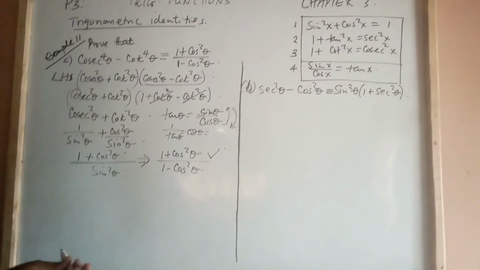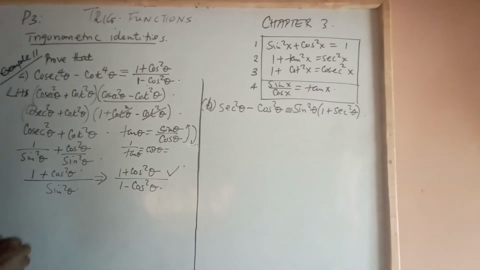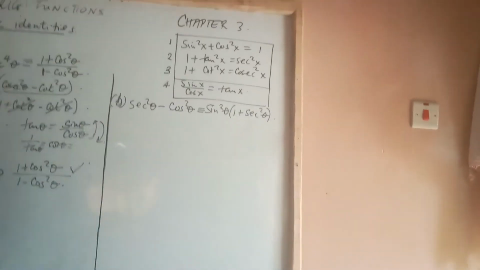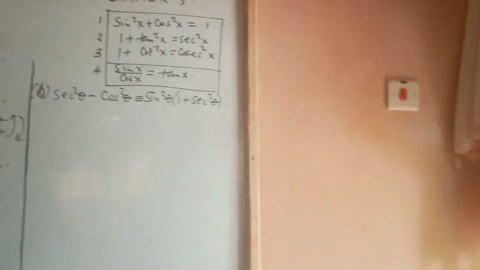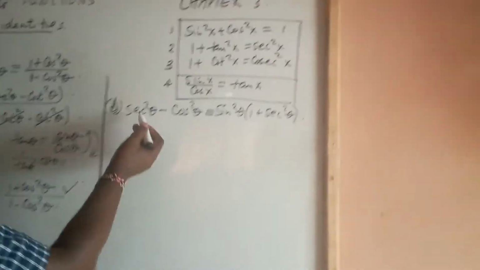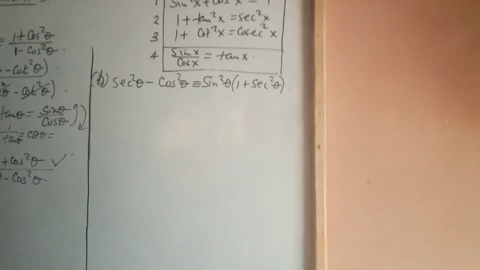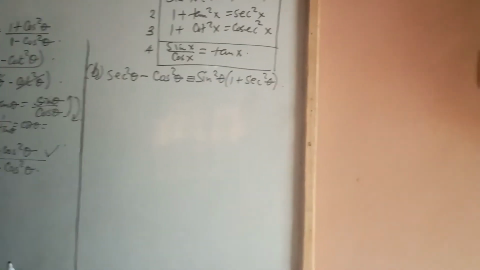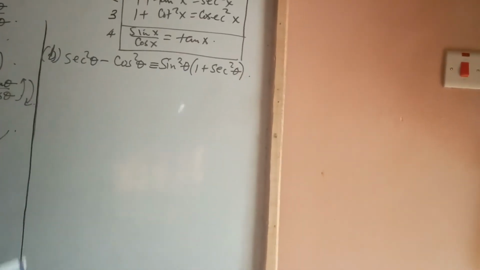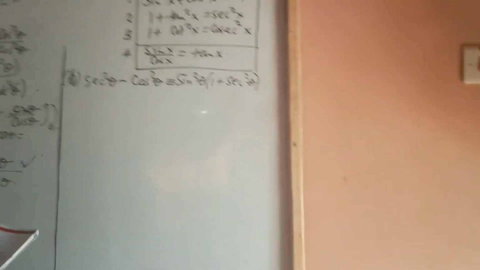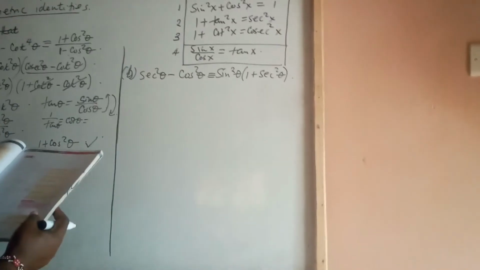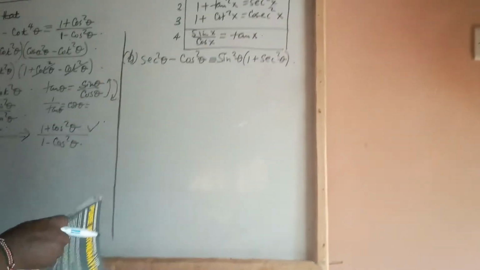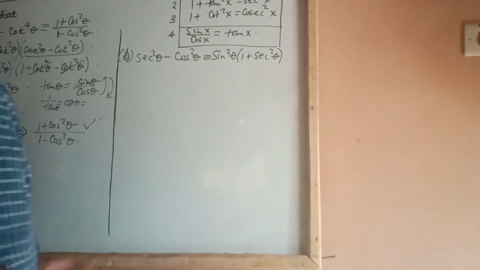It is part B that we must look at closely. We are supposed to prove that sec squared theta minus cosine squared theta is equal to sine squared theta into bracket 1 plus sec squared theta.